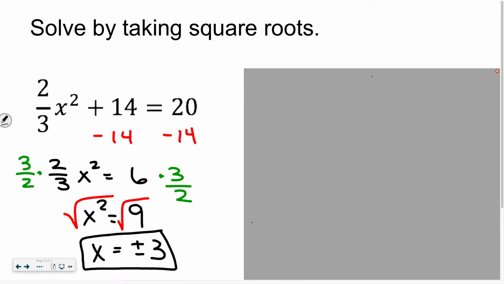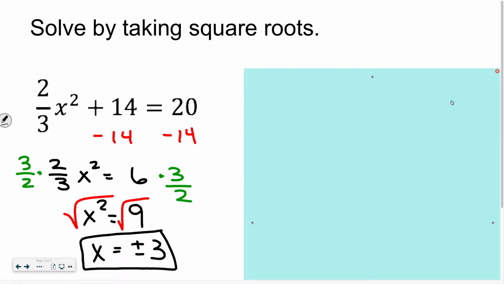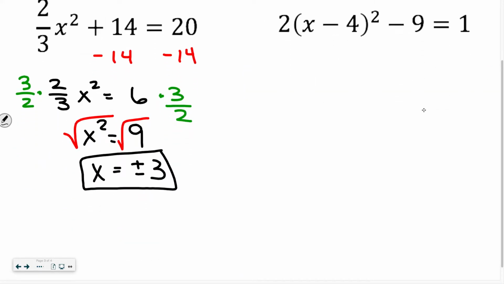Okay, excellent. So that's something different because most of us are coming from geometry. You solved a lot of things that were actually quadratic. They were the Pythagorean theorem, a squared plus b squared equals c squared.